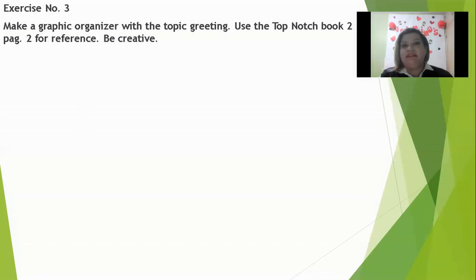In other places, they give 3 kisses. In other countries, they say hello by shaking hands. So let's be creative and make this graphic organizer. How do we say greeting here in Guatemala? Remember that I asked you that question? So let's start by studying these topics by writing and practicing English.